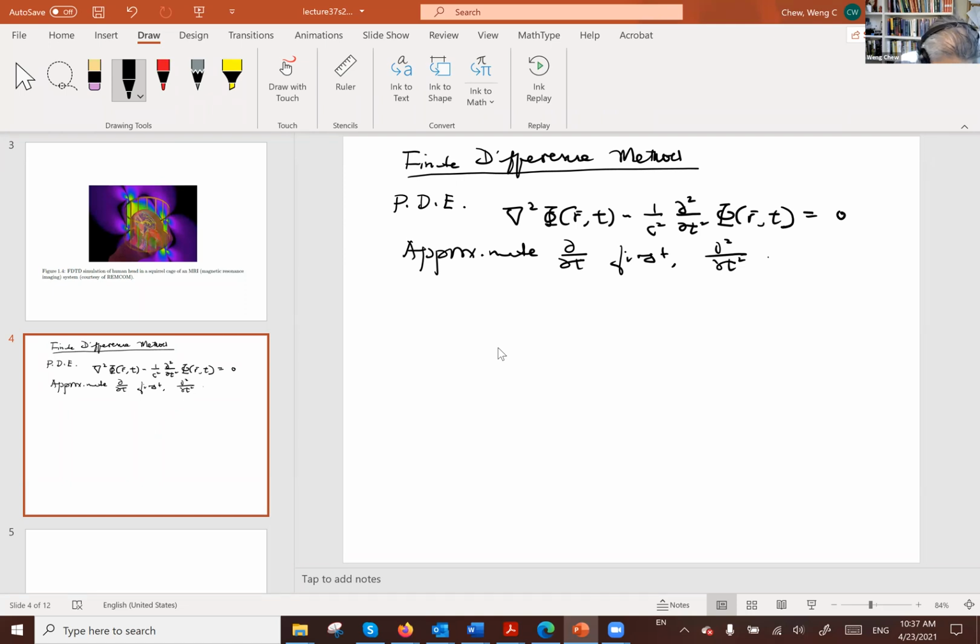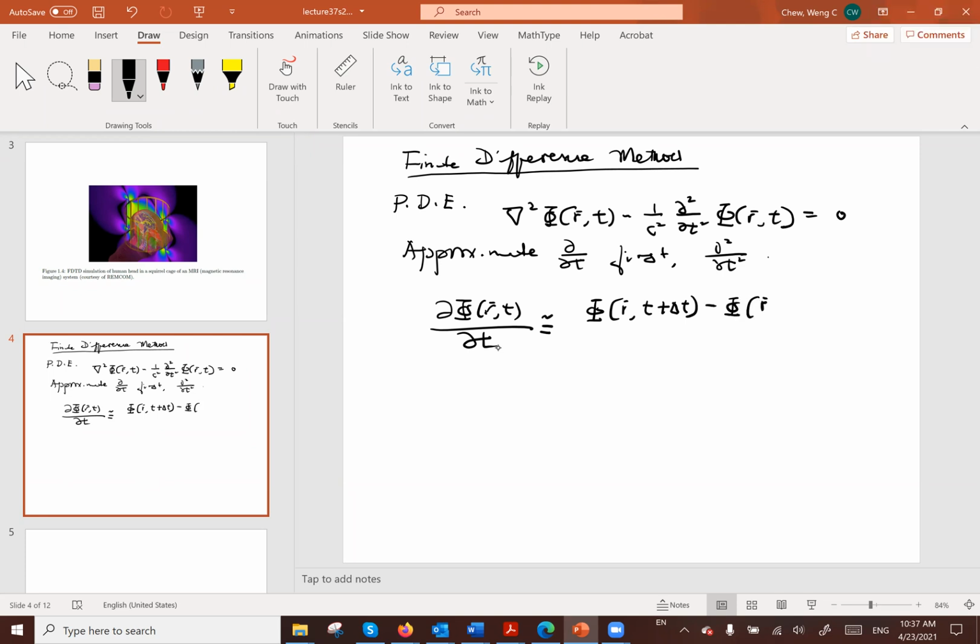For instance, if I have a need to approximate this function's time derivative, I can pick two values that are very close to each other. I can have this function evaluated at a time step t, or at t plus delta t, being a small number, and then minus its value at t, and then divide by the spacing in the time step. This would be an approximation to the time derivative, and this is called the forward difference formula.